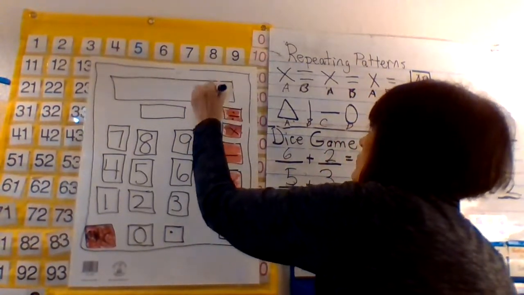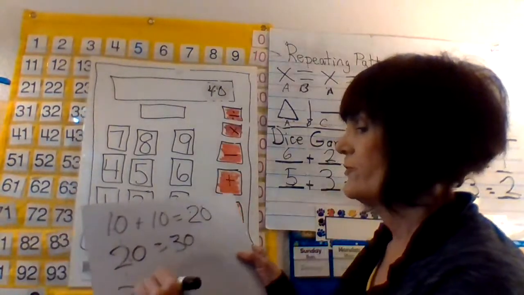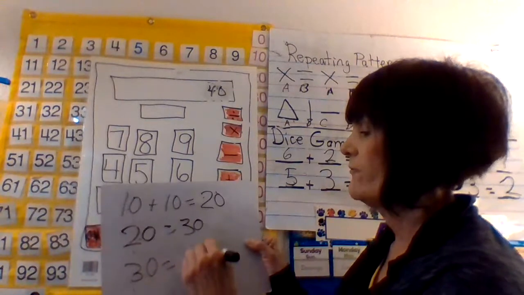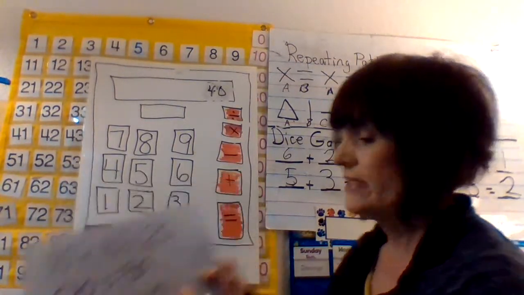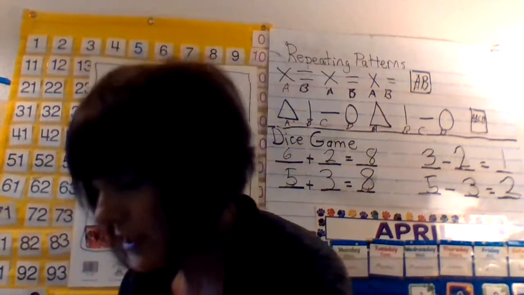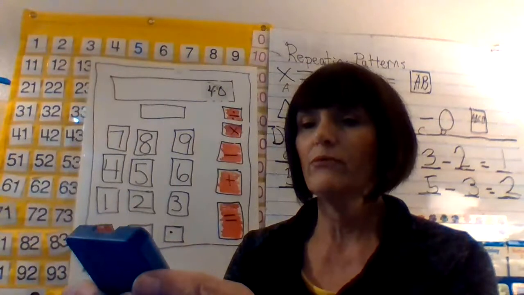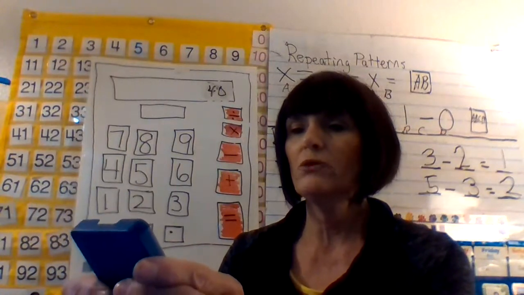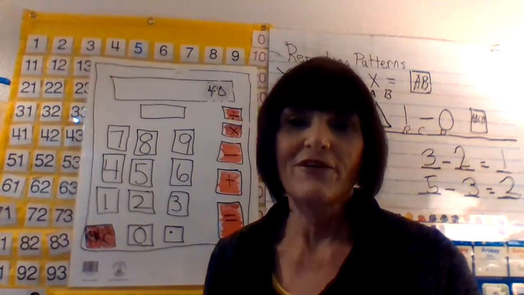If you push equal again, you'll have 50. So you had 30 plus 10, you'd have 40. You'd have 40 plus 10, you'd have 50. And you can keep going, pushing equal, equal, equal. I'm at 100 already, 110, 120, 130, 140. That is a lot of fun.